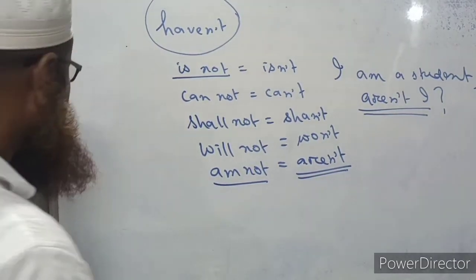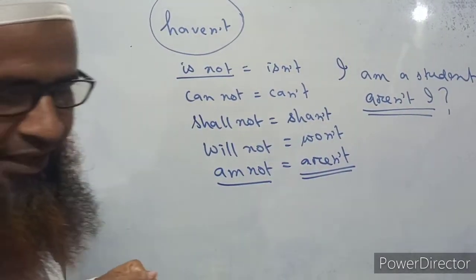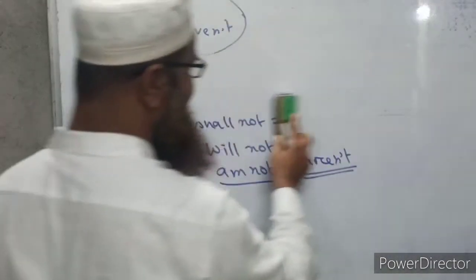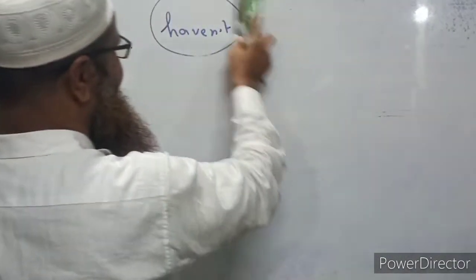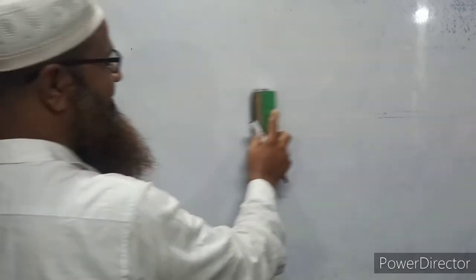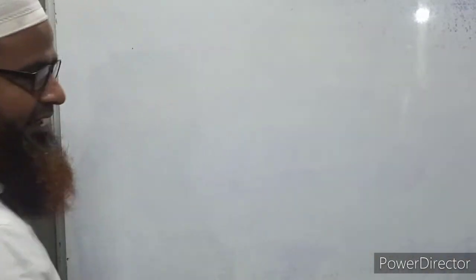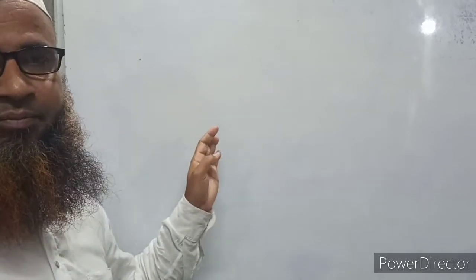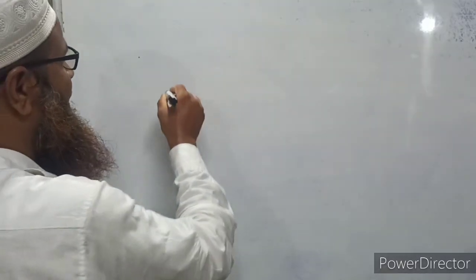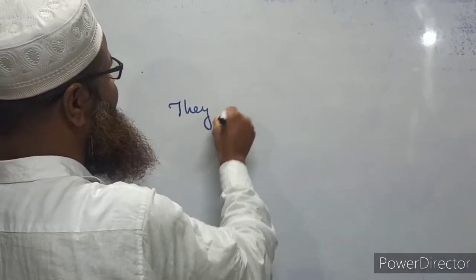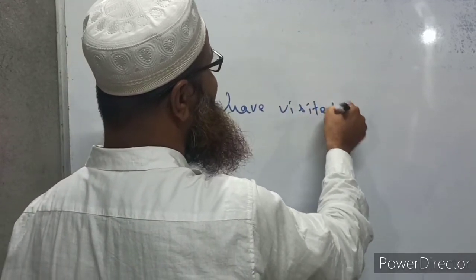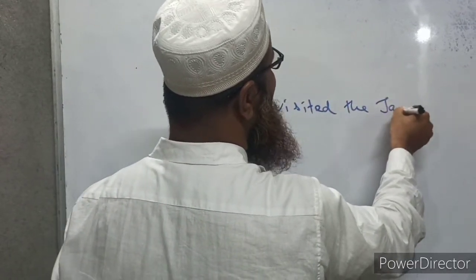Now we are discussing negative form. We transform affirmative sentences into negative ones. So when there is an auxiliary verb present in a sentence, and if we want to make it negative, then only not is added with the auxiliary verb. So, they have visited the Taj Mahal.